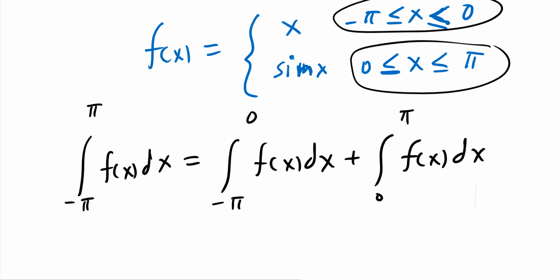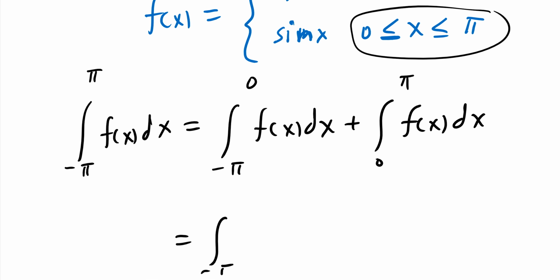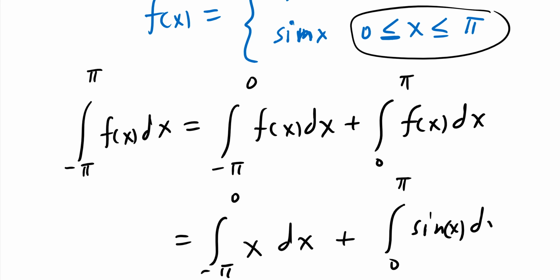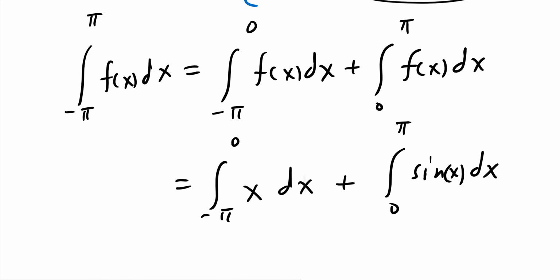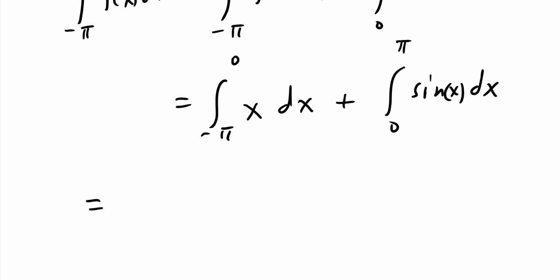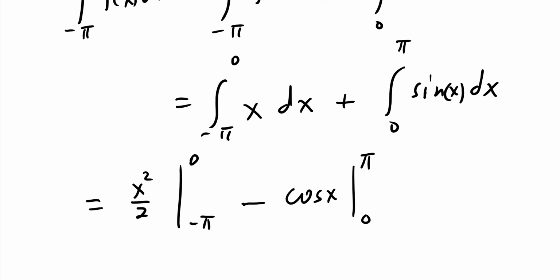The first one is x, so negative pi to 0 of x dx, and the other one is 0 to pi of sine x dx. Now for the first one, the antiderivative is x squared over 2, evaluated from negative pi to 0. The next one is negative cosine, evaluated from 0 to pi.